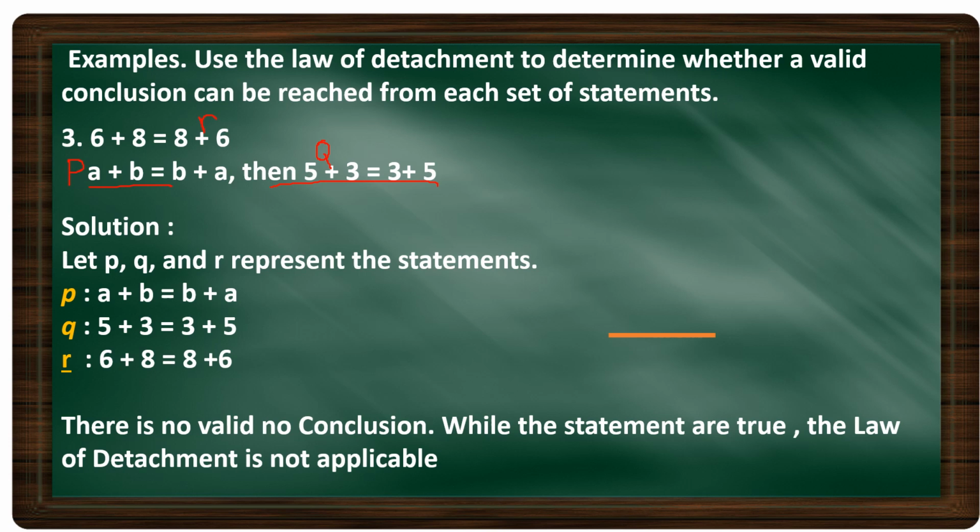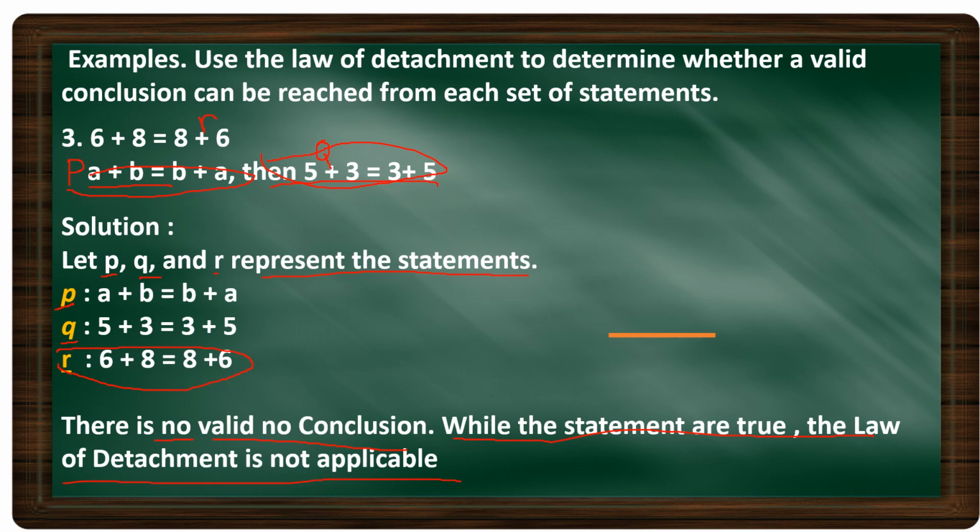To solve for that, let's find out whether we can reach a true conclusion from their sets of statements. We're going to let P, Q, and R represent the statements. P is represented by the hypothesis, as I said earlier. Q is represented by the conclusion. R is represented by another statement, that is the first statement. Here it says there is no valid conclusion. While the statements are true, the law of detachment is not applicable.